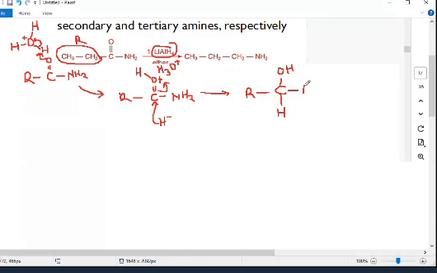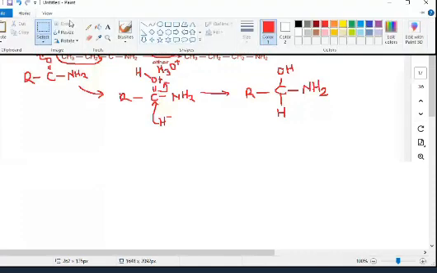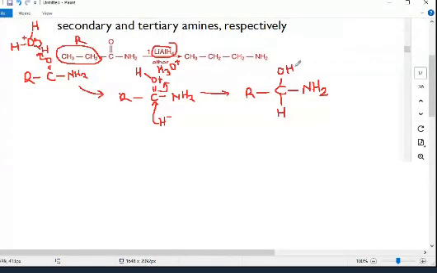Then our amine there, amine remains like that. So we continue activating our OH here. Remember we're interested with our amine.